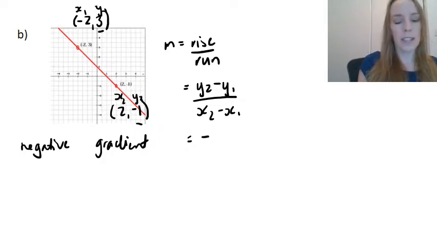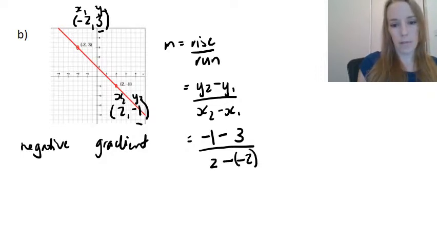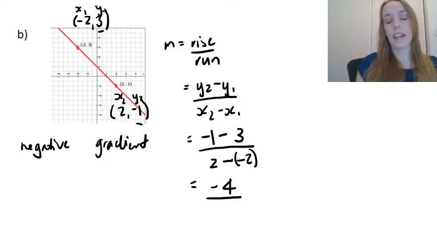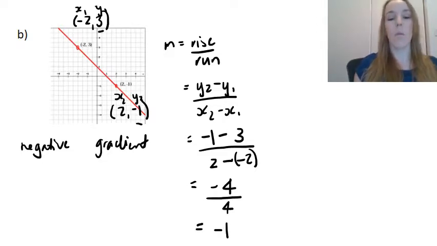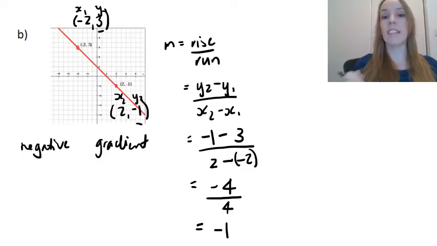So y2 is -1, take y1, which is 3, divided by x2, which is 2, take x1, which is -2. Okay, so -1 take 3 will leave us with -4, divided by 2, take -2 is the same as adding, divided by 4, so -4 divided by 4 will leave us with -1. So our gradient on this graph here is -1.